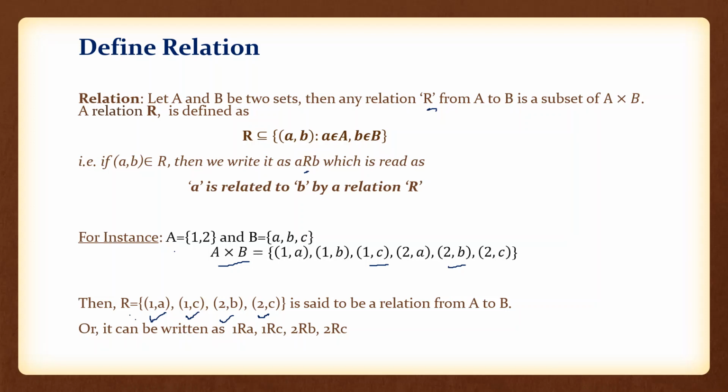From A to B. If you are writing B to A, then it would be (a, 1), (a, 2), (b, 1), (b, 2), (c, 1), (c, 2). B to A would be B cross A. Let me erase something.